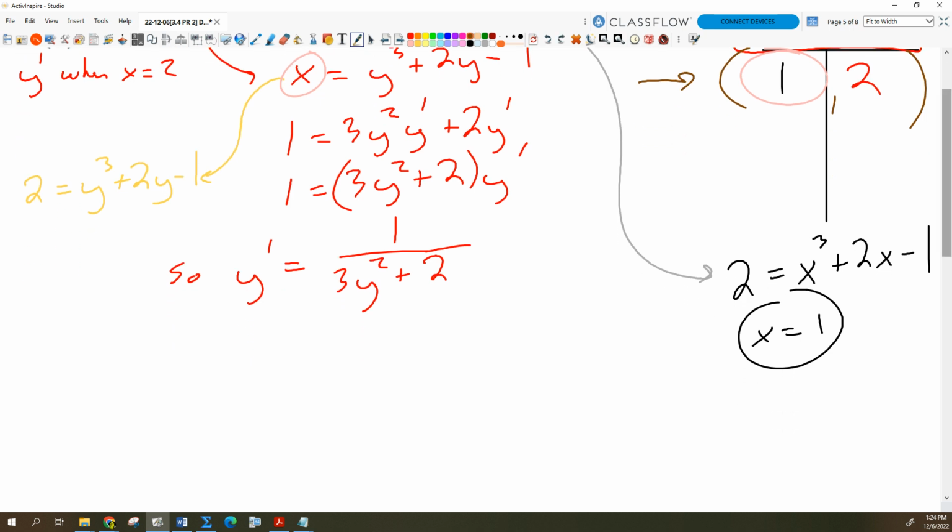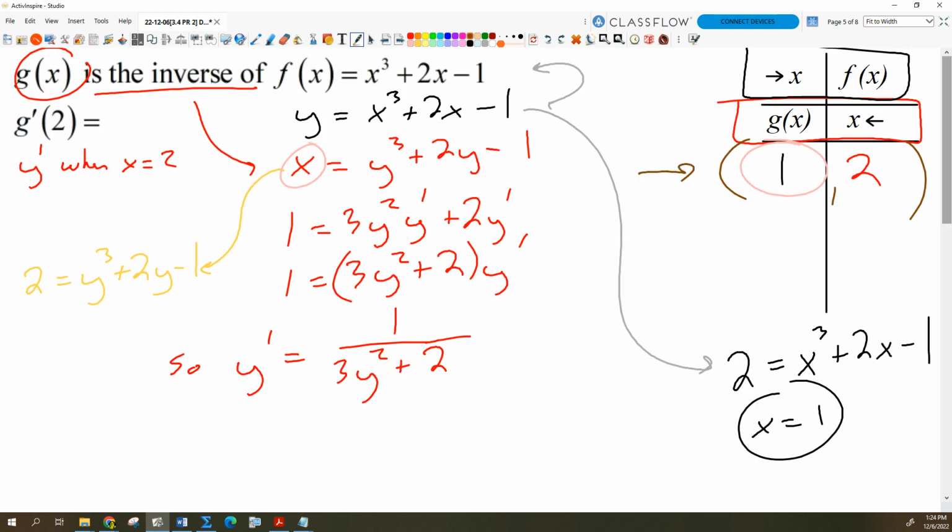Down here, the solution, this is a red derivative, right? So I've got to be reading it. Now I'm looking at this row right there. Okay, so then I end up with my solution: y prime is 1 over 3 times y squared plus 2. What's my y in this case?